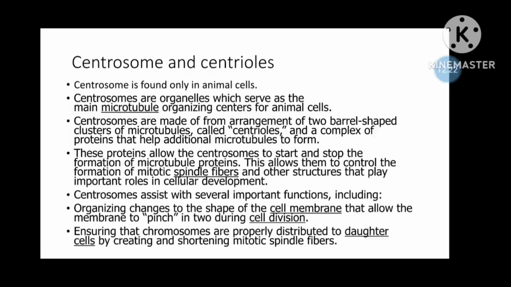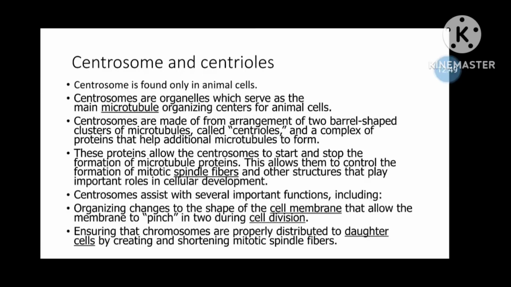Centrosomes are made up of an arrangement of two barrel-shaped clusters of microtubules called centrioles and a complex of proteins that help additional microtubules to form. These proteins allow the centrosome to start and stop the formation of microtubule protein.